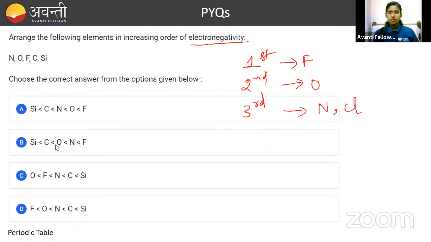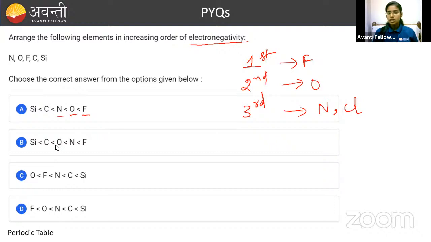Nitrogen and chlorine both have the same value of electronegativity, so both will fall in the third line. So from this data itself, we can get the correct answer: first is fluorine, second is oxygen, then the third is nitrogen.